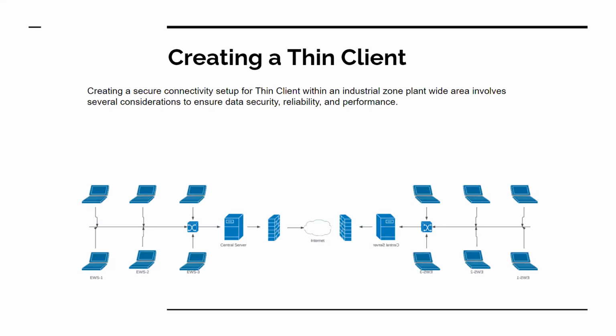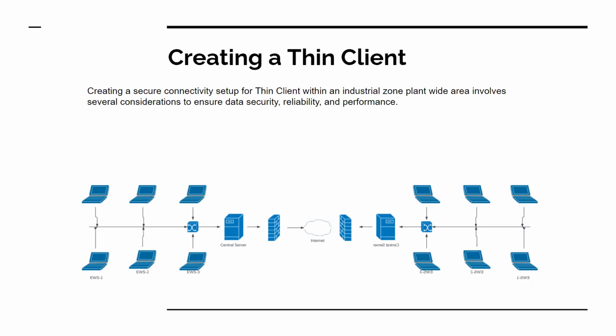Creating a secure connectivity setup for your thin client has a couple of different considerations to ensure data security, reliability, and performance. Again, like we talked about before, you need some network segmentation to isolate the client devices from other industrial devices in the network.